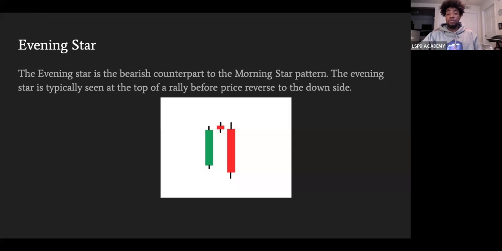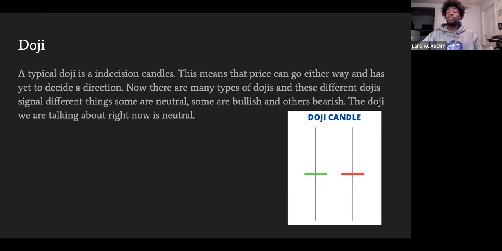Now that we've been talking about this little doji, I know you've been hearing, what is a doji? So now we're going to talk about a doji, right? A typical doji is an indecision candle, indicating that price has tried to go to the upside, has tried to go to the downside, but it doesn't really have a direction right now. It's not really moving. It's just in the same area that it generally opened in, it's closing in, right?